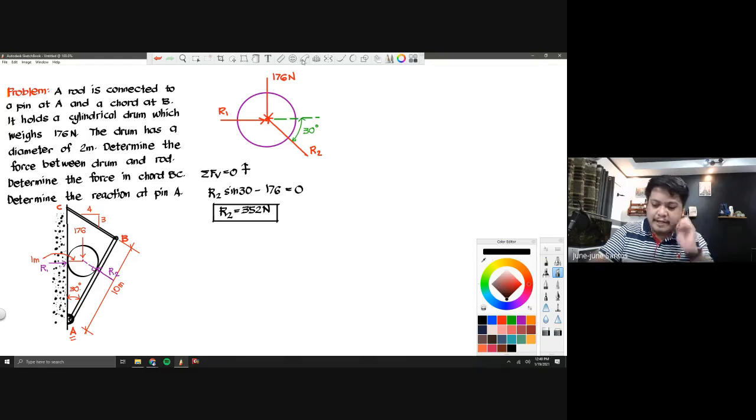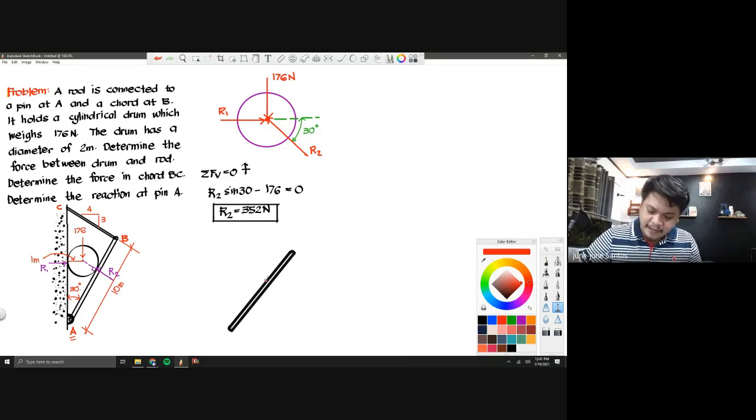So, if I'm going to isolate that member AB, okay, ilagay natin dito, assuming that this is your member AB. Okay? And then, ilagay natin yung mga forces. Ano ba yung mga forces na meron sa kanya? Unahin ko na yung R2.